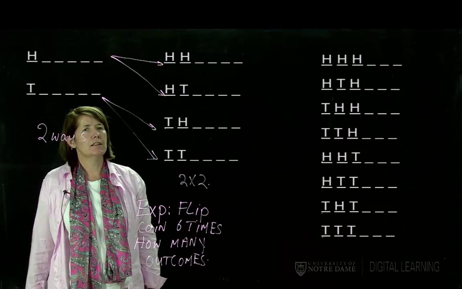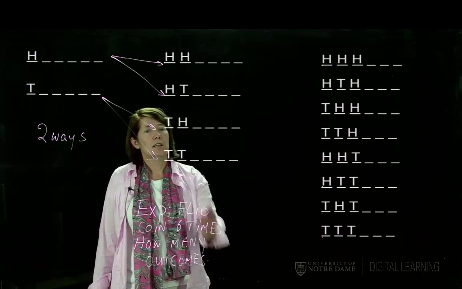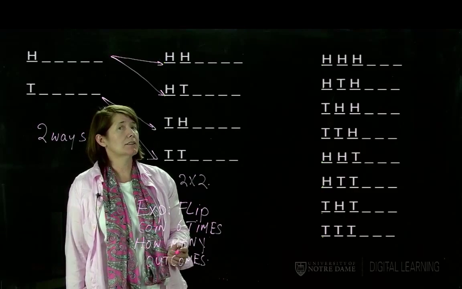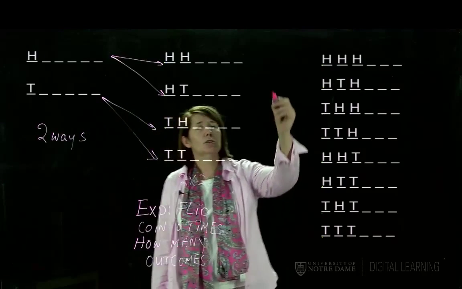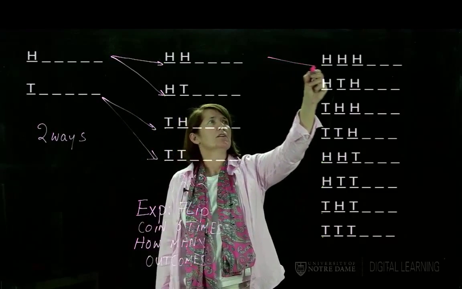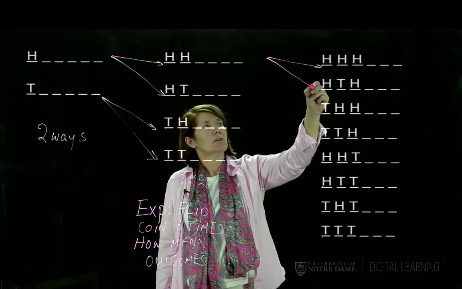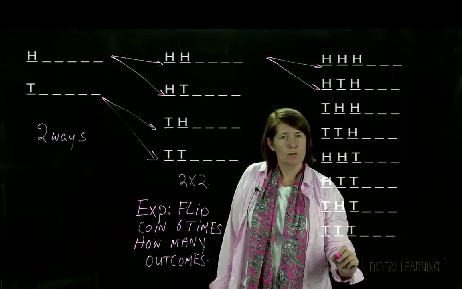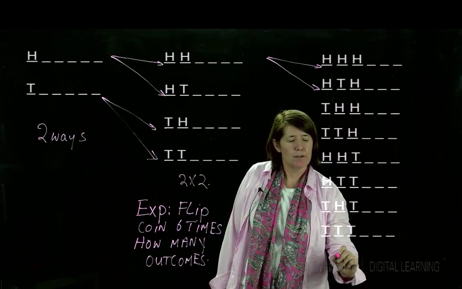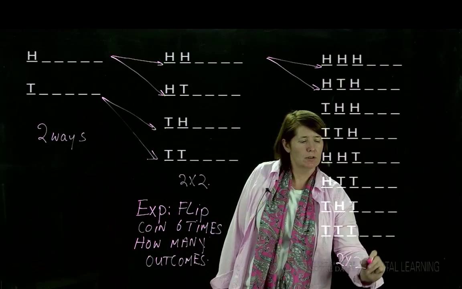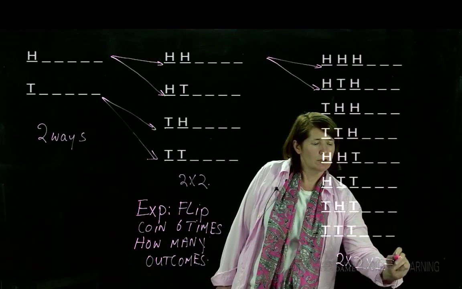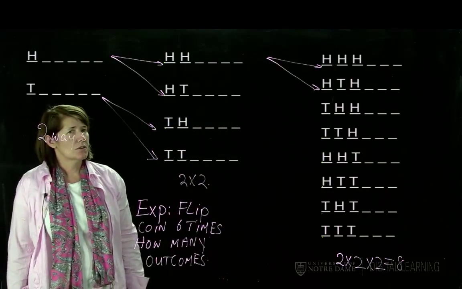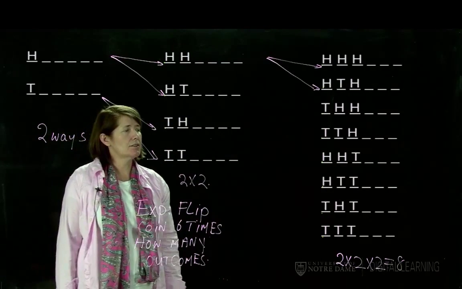And then when I fill in the third space, each of the partial sequences I've already created gives me 2 more sequences when I fill in the third space. So by this point, I have 2 by 2 by 2, which is 8 possible starts to this sequence of 6 letters.